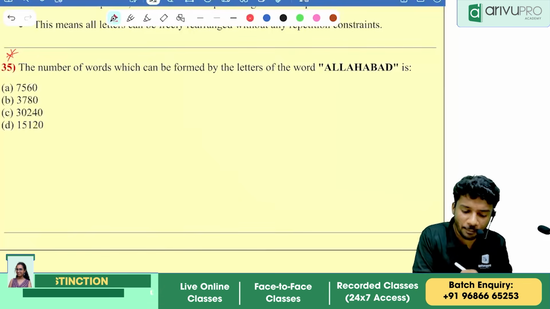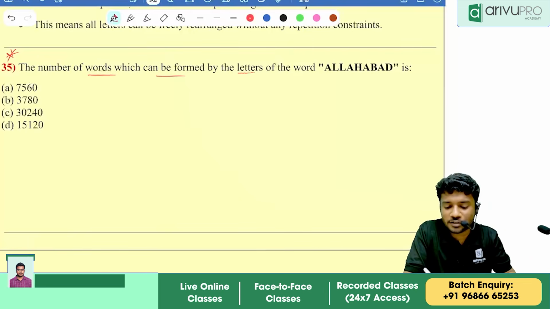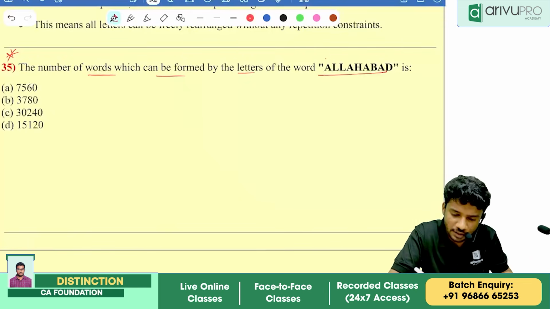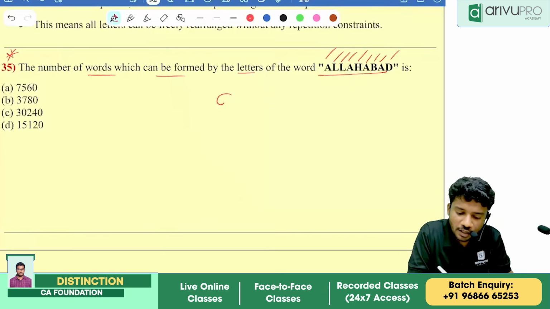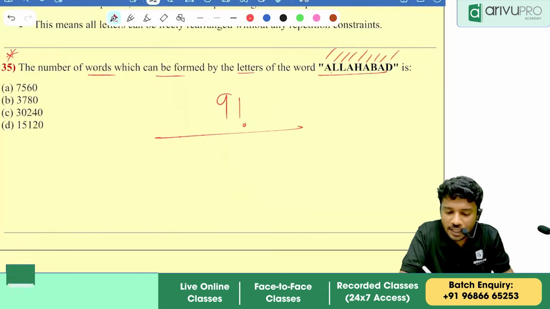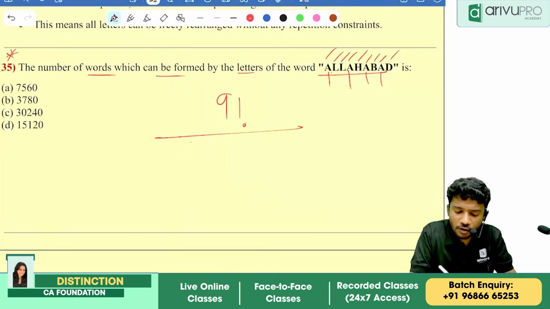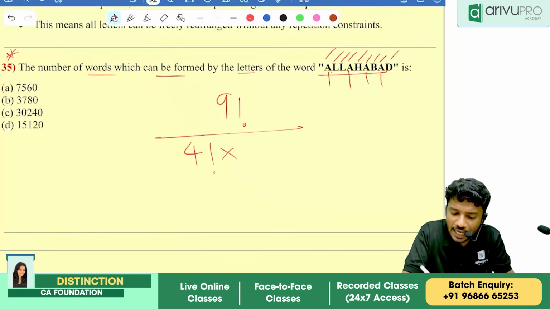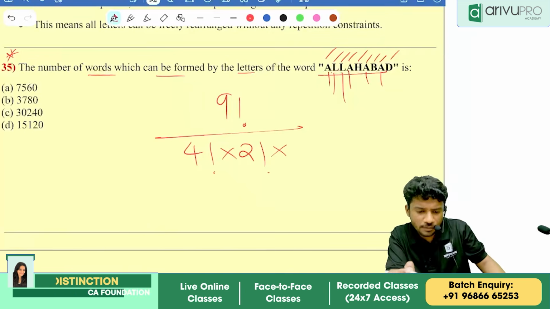Look here, number of words which can be formed by the letters of the word Allahabad. How many letters are there? 1, 2, 3, 4, 5, 6, 7, 8, 9. 9 factorial divided by A is repeated how many times? 4 times, into L is repeated 2 factorial times. Then anything else?